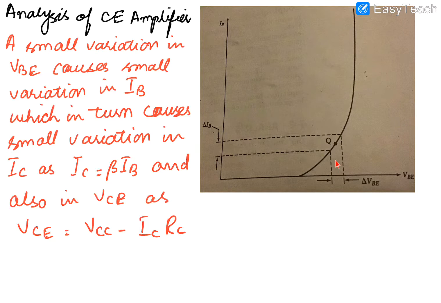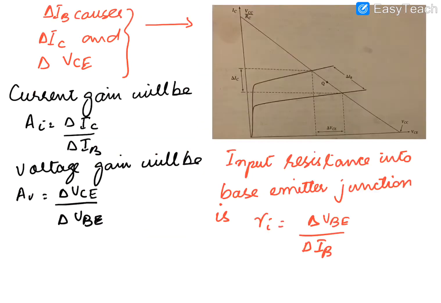Remember that these two variations should be linearly proportional in order for the amplifier to work without distortion at the output. So as VBE changes, IB changes, and as IB changes, there is also a small variation in IC because IC is beta times IB.